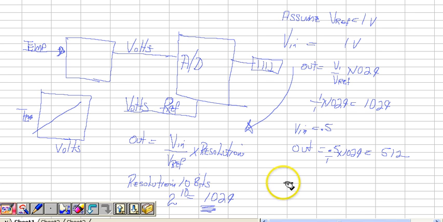Let's take, for example, we put in 1 millivolt.